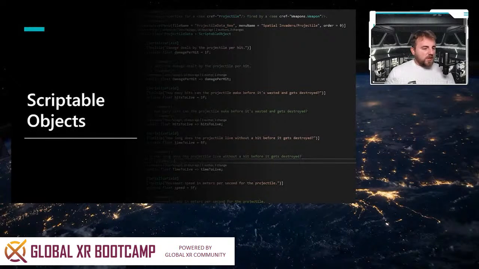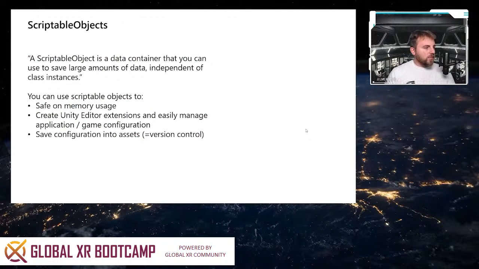Scriptable objects are next on our list. A scriptable object is a data container that you can use to save large amounts of data independent of class instances. That's what the Unity documentation says, and it's true in this case. So we can use scriptable objects to save on memory usage because the data is just stored once in memory.